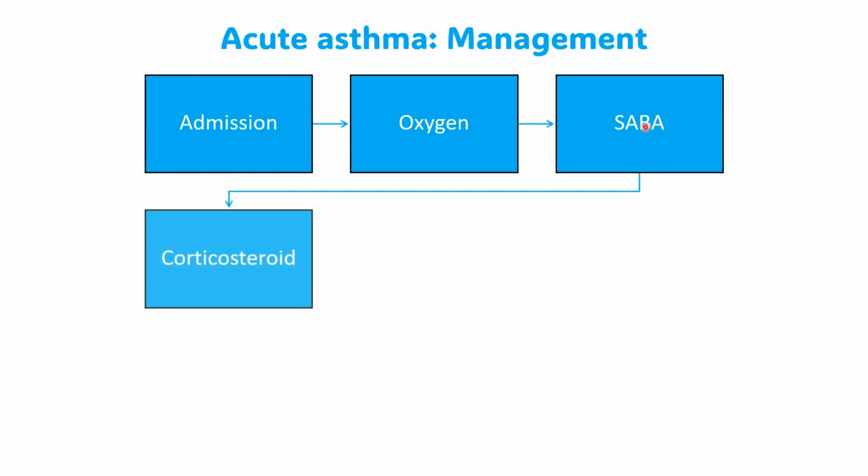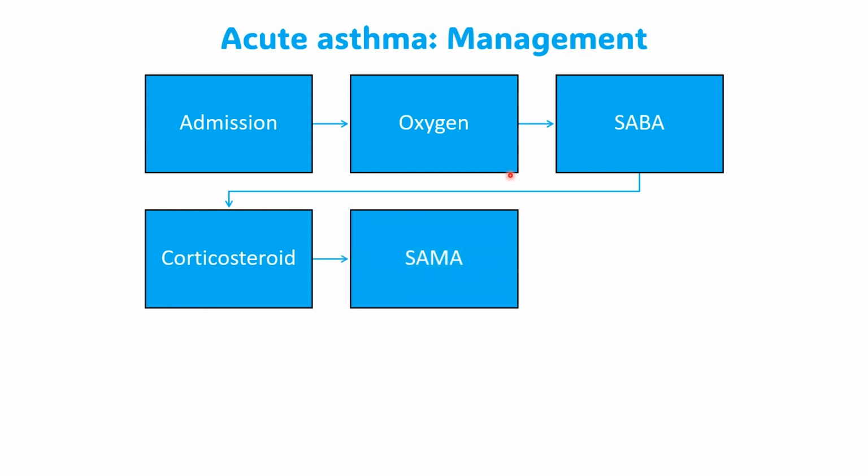And then we have corticosteroids. So we tend to use 100 milligrams of hydrocortisone. Hydrocortisone is given intravenously, or the equivalent of prednisolone would be 50 milligrams. And the earlier the steroids are given, the better the outcome tends to be. And then we have something called a SAMA, a short-acting muscarinic antagonist, such as ipratropium bromide.